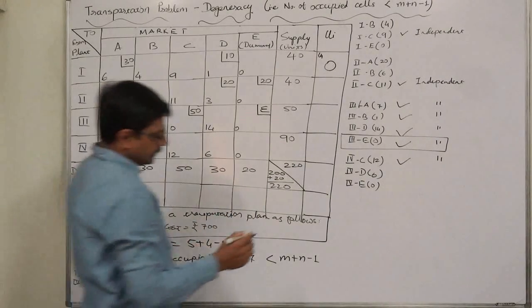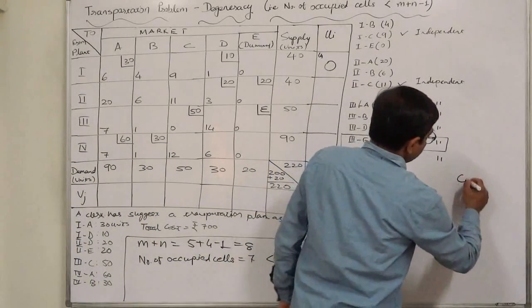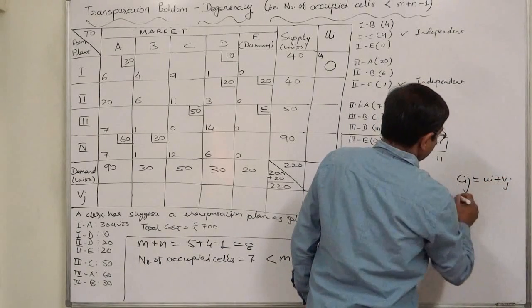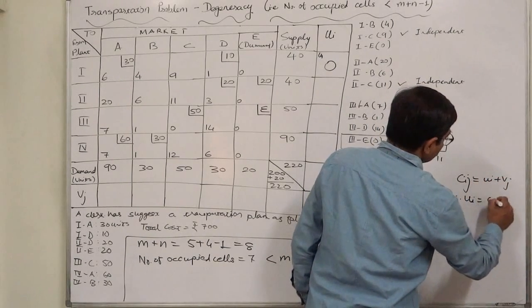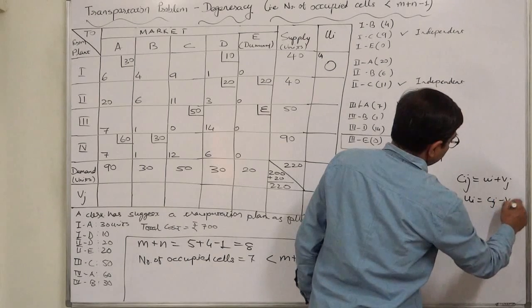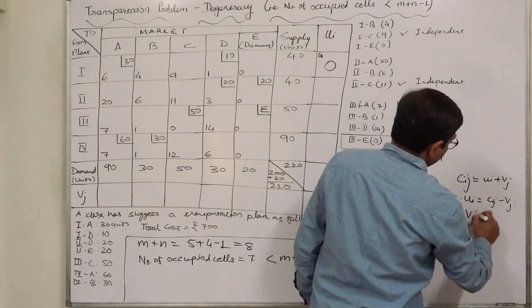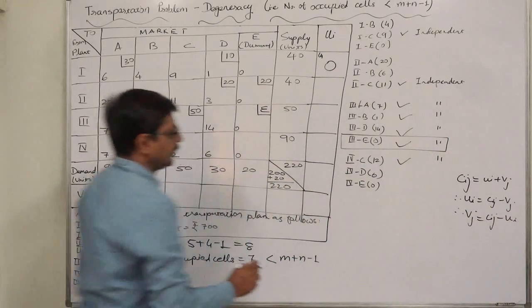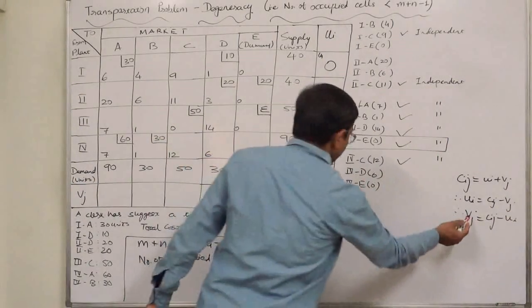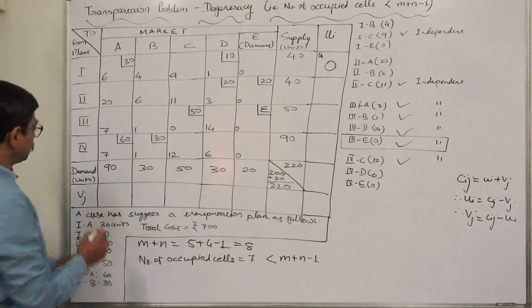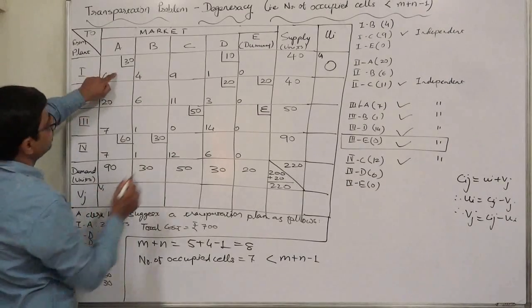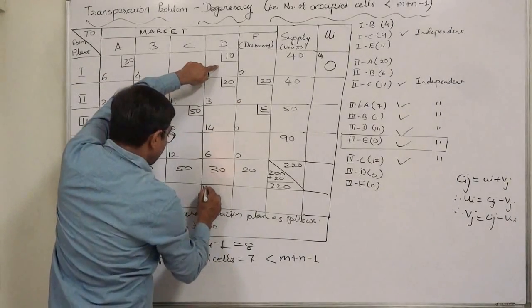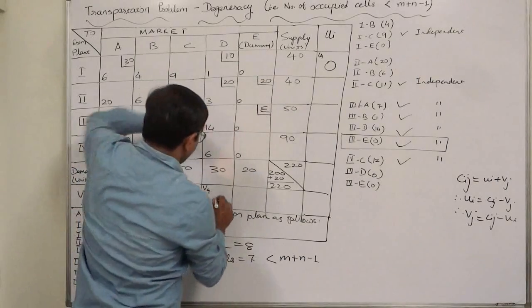And we know that Cij equals ui plus vj. Therefore, ui equals Cij minus vj, and vj equals Cij minus ui. So according to this formula, we can have these two values. V1 can be 6 minus 0, 6, and V4 can be 1 minus 0, 1.